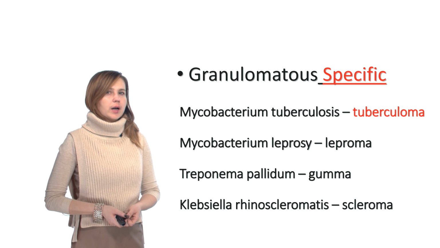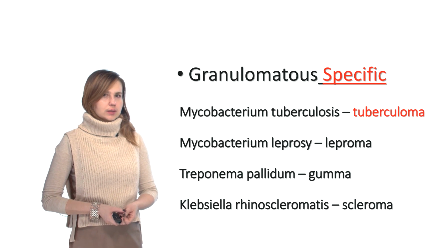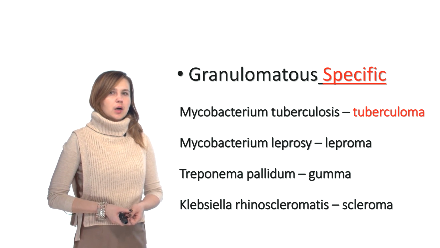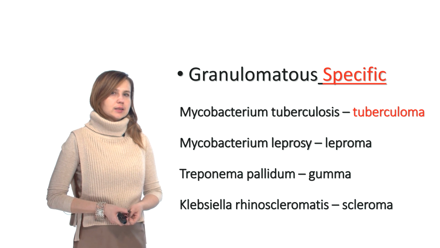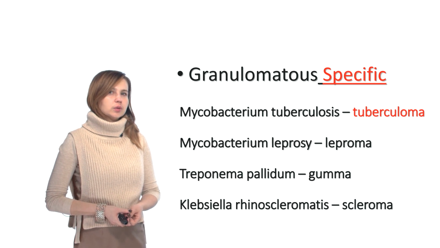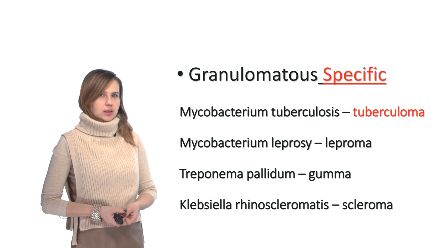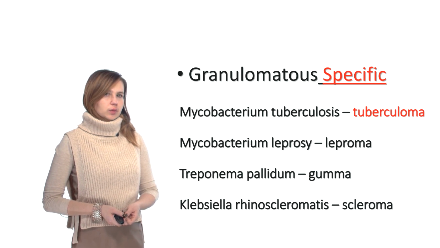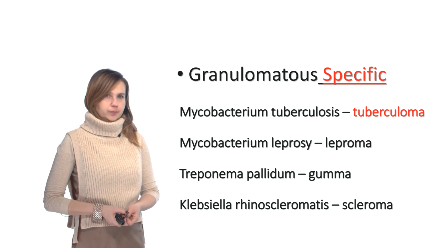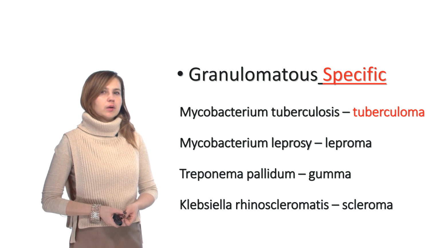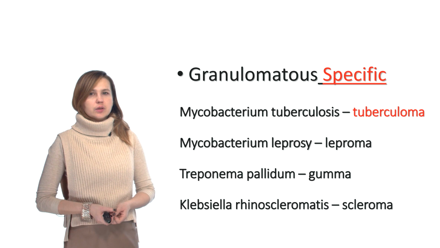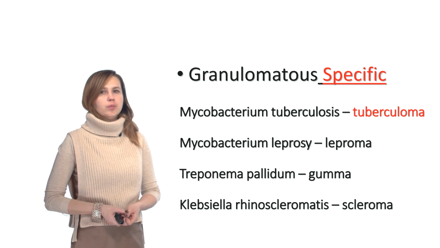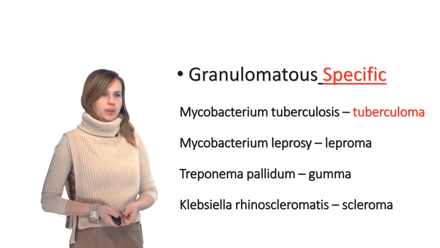There is a small area of caseous necrosis in the center, which is surrounded by epithelioid cells and giant multinuclear Pirogov-Langhans cells. When stained by Ziehl-Neelsen, Mycobacterium tuberculosis can be detected. Lymphocytes are located in the periphery of the granuloma. There are no blood vessels in tuberculoma.